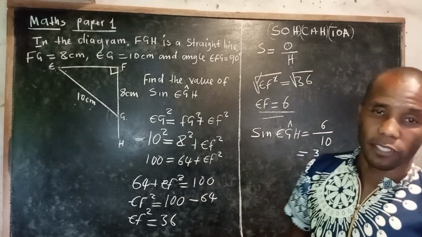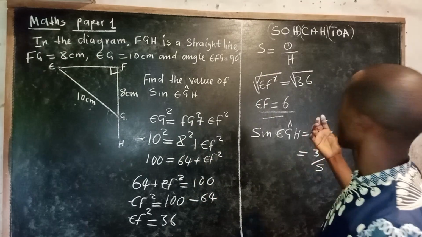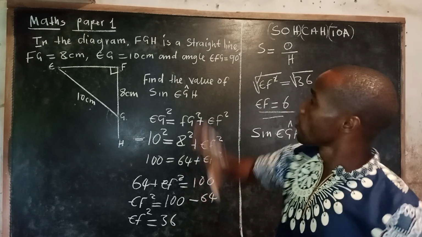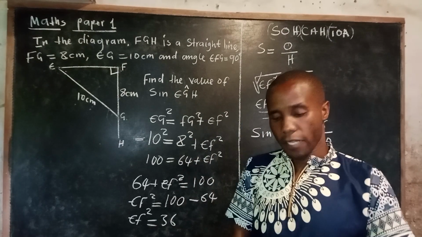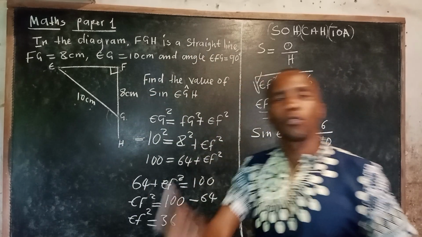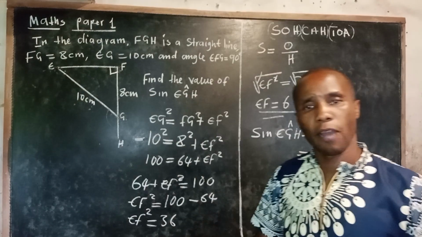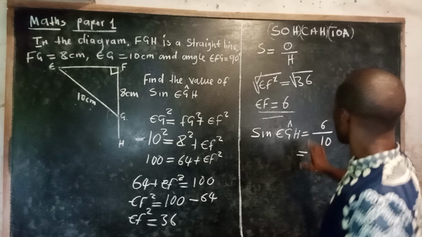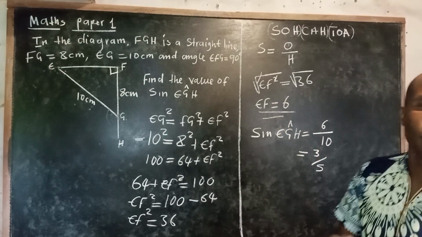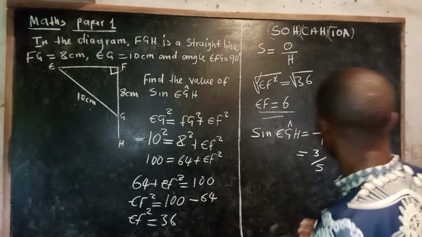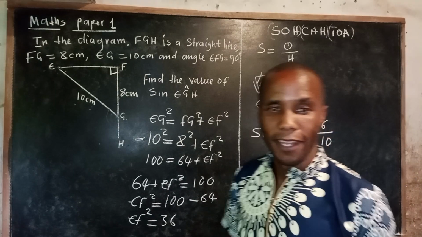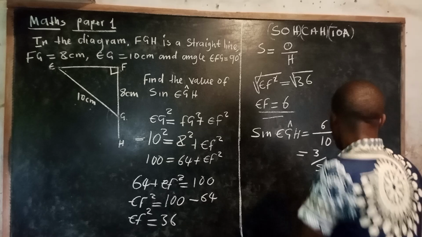Remember, in the first quadrant all ratios are positive: sine, tan and cosine. But in the second quadrant, only sine is positive. The rest are negative. Since here we are dealing with sine, our final answer is going to be a positive number, which is 3 over 5. Therefore, the answer.